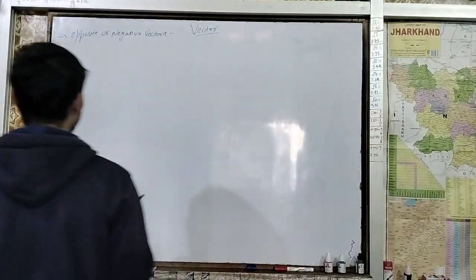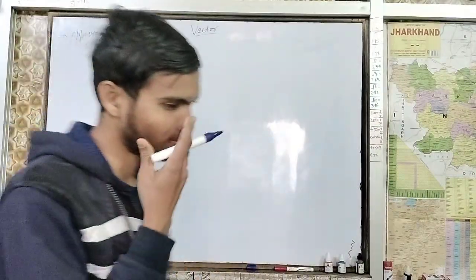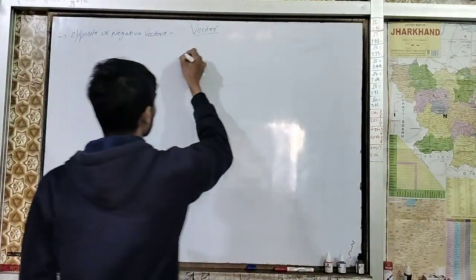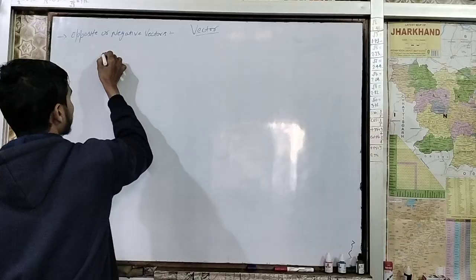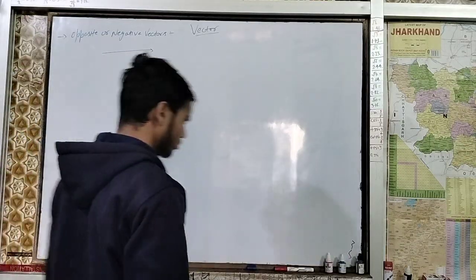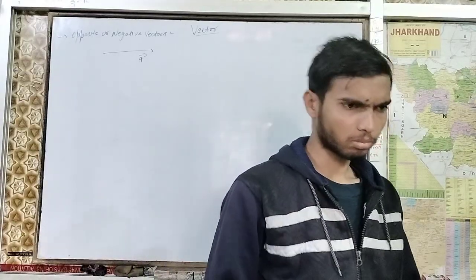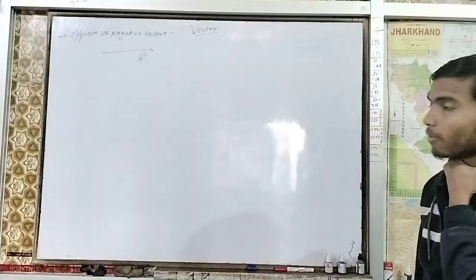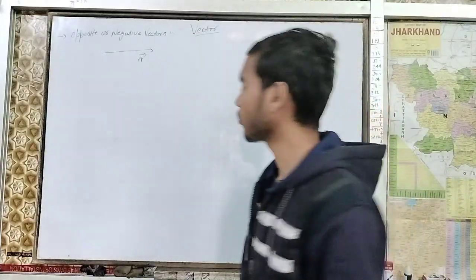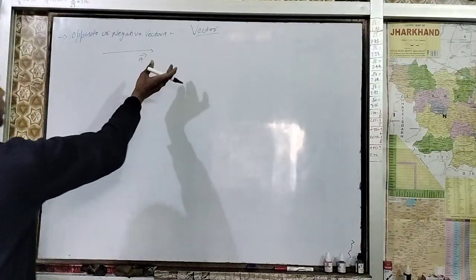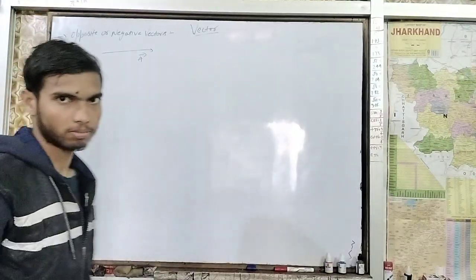Here we are not going to take two vectors. Look, this is one vector. My question is, what will be the negative of a vector? Your work is just to convert this in the opposite direction.